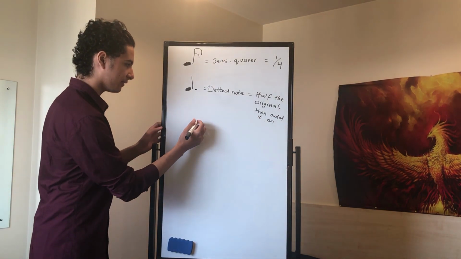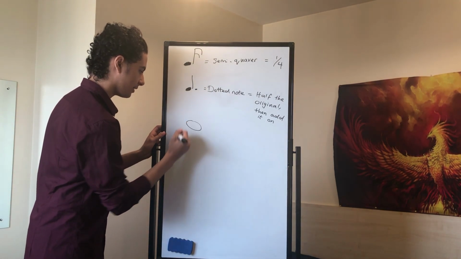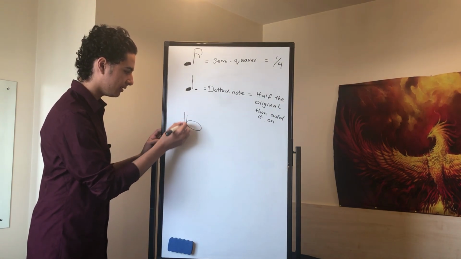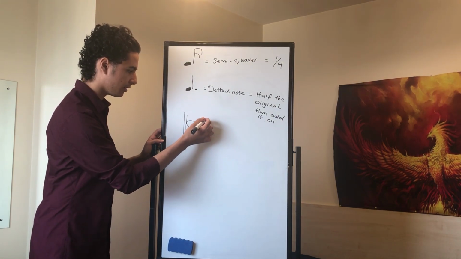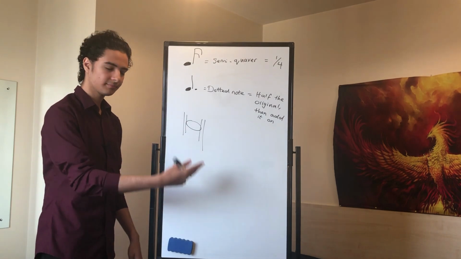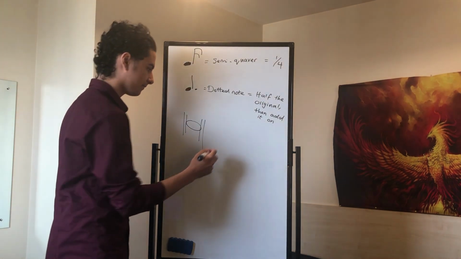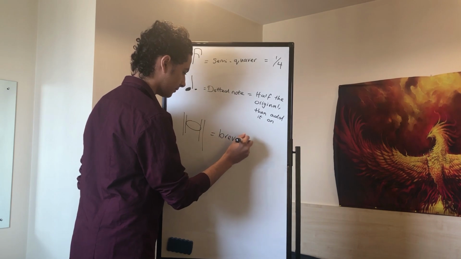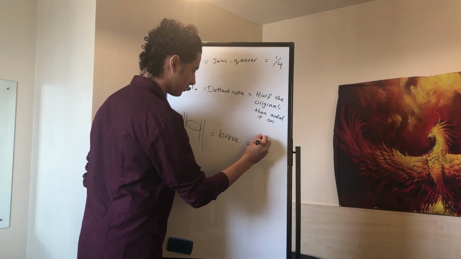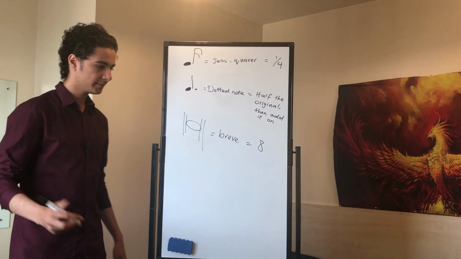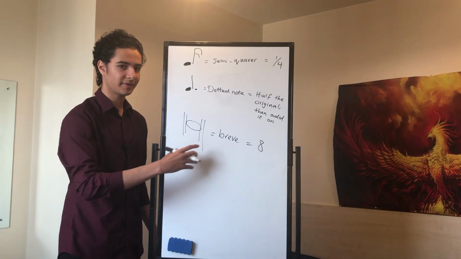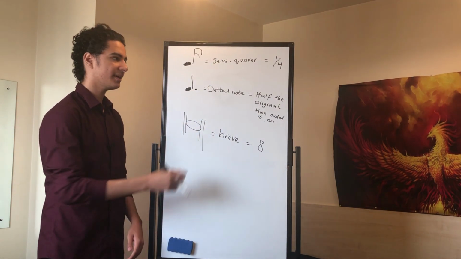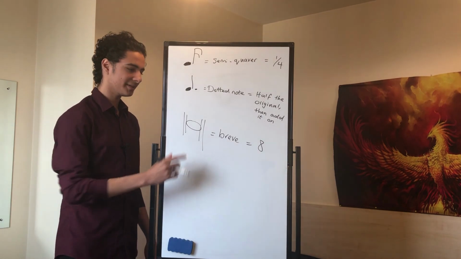So a breve is actually, you have a semibreve, and then you have a line on both sides like that. So you have 2 lines on both sides. This is called a breve, and this is going to be worth 8 beats, which is the reason it's so rare to find. So hopefully you're okay with at least these 2 and the basic ones, because you're going to find those a lot more commonly than this one.